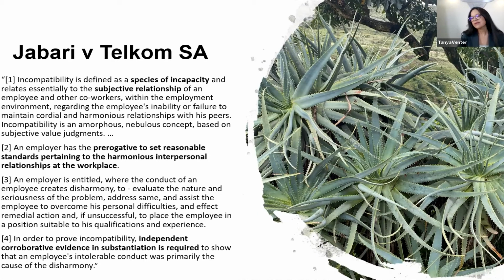Now, this is a 2006 judgment. I should just mention as an aside that incompatibility is not a new concept. It's been around for many years and was even dealt with at the industrial court stage, prior to the Labour Court and CCMA. This issue of incompatibility was coming up.